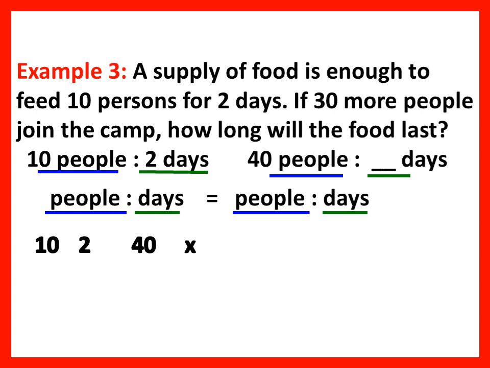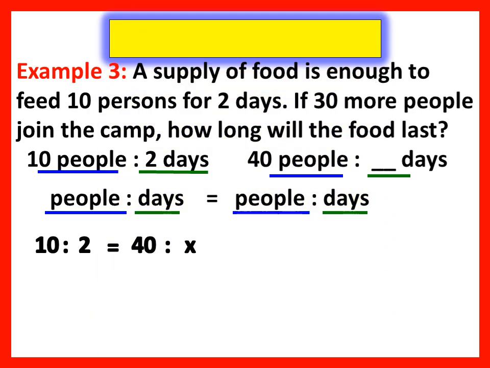Of course, you will be expecting that it will become lower than 2 days, because 30 more people were added to the number of persons, so it will last shorter than 2 days. So therefore it will be decreasing. So the number of people is increasing, the number of days is decreasing. So let us put the symbols first. So that is the inverse proportion.